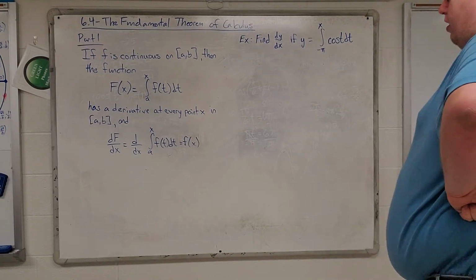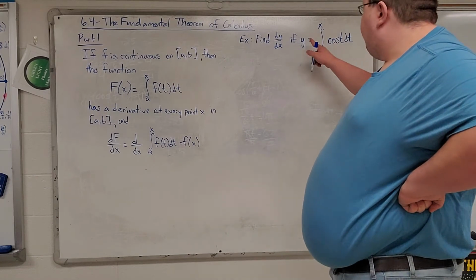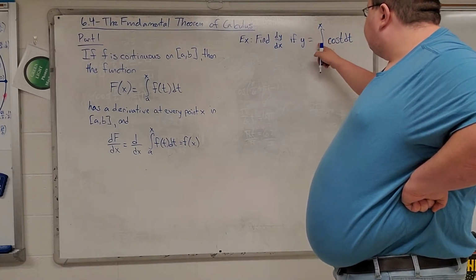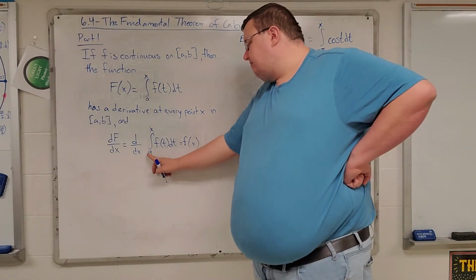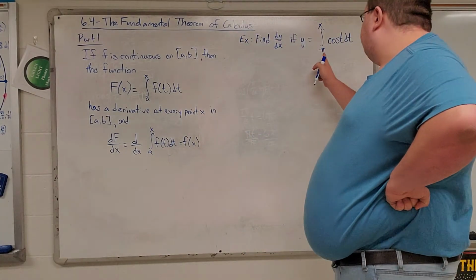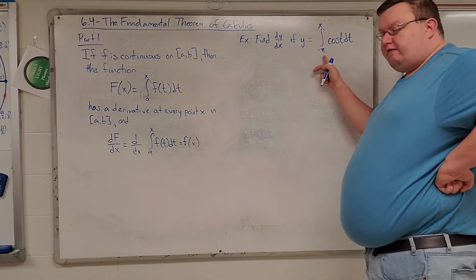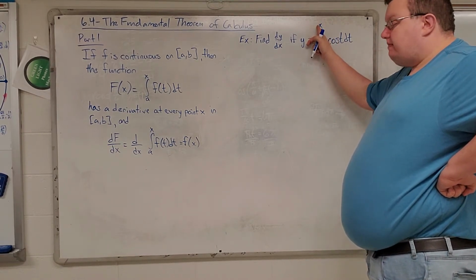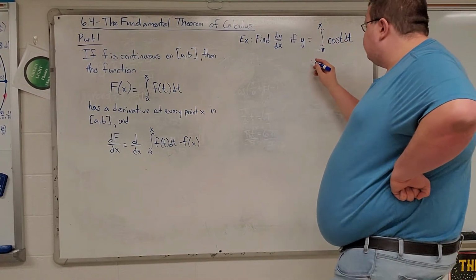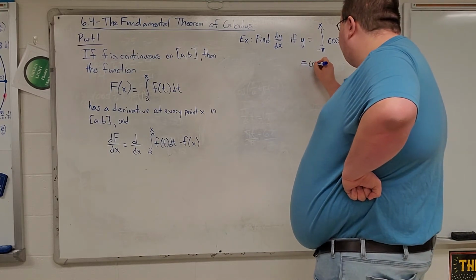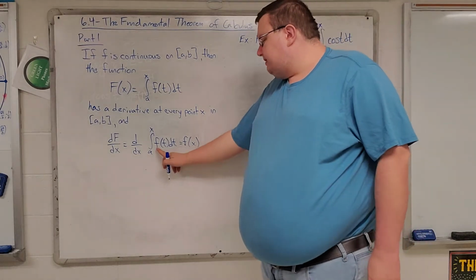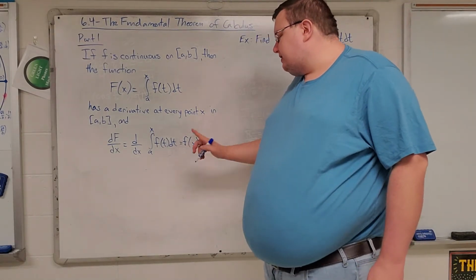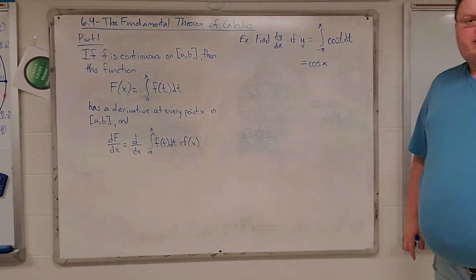By part one of the fundamental theorem, I'm deriving this integral. A is just a constant in the theorem, and negative pi is our a value here. My top bound is x, so this is going to simply give me cosine of x. I'm simply getting the integrand back with x plugged into it instead of t.